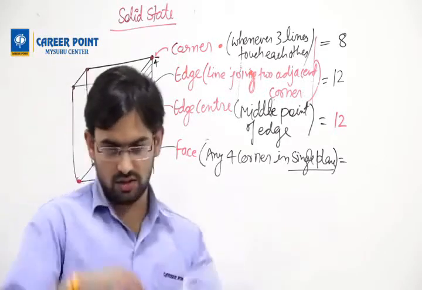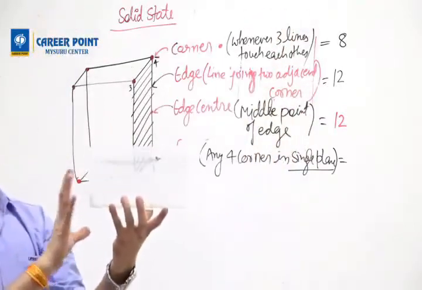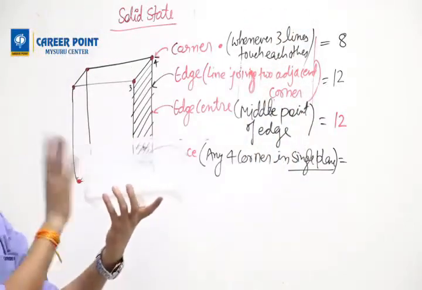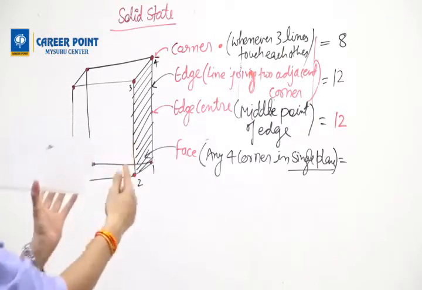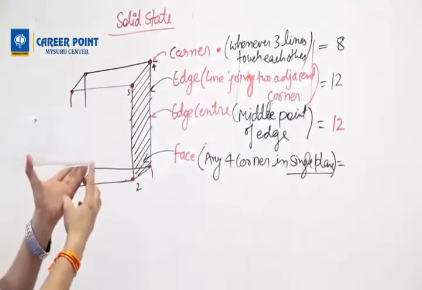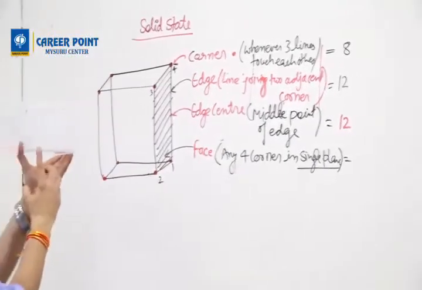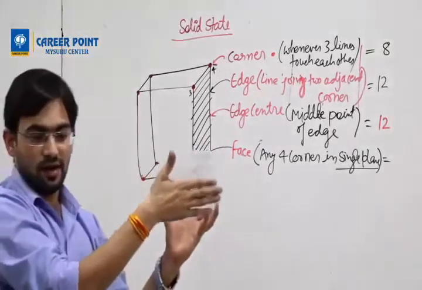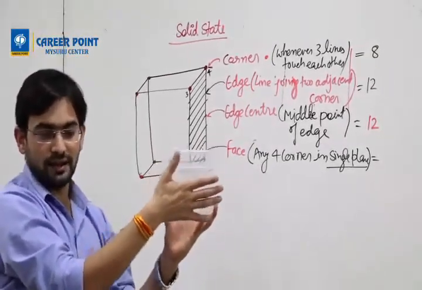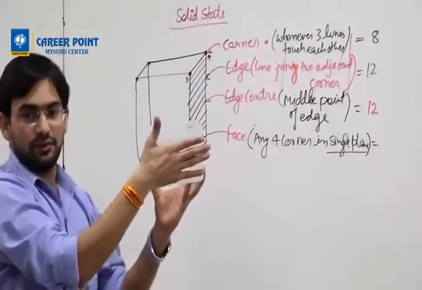Right, so the answer you see here, this will be a cube, the plotted cube. Now with this, I set this point, right? This is 1, 2, 3, 4. So this is one face.